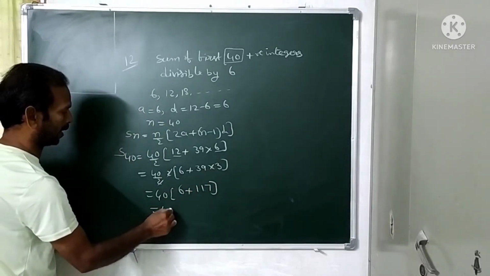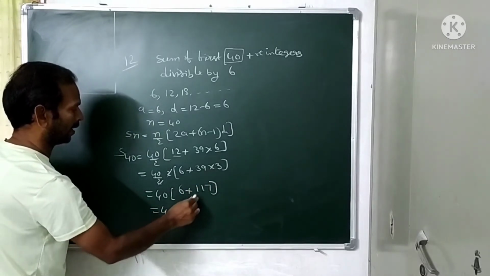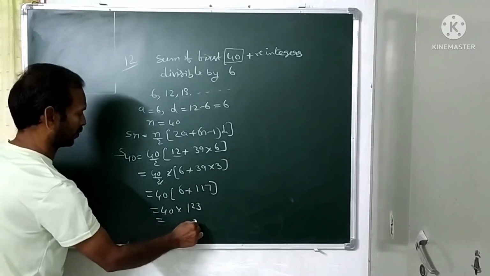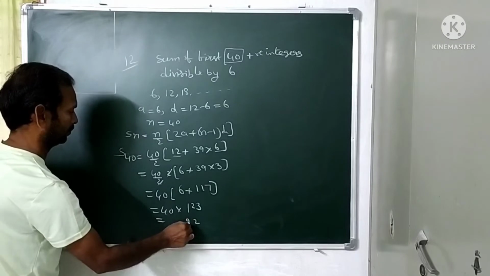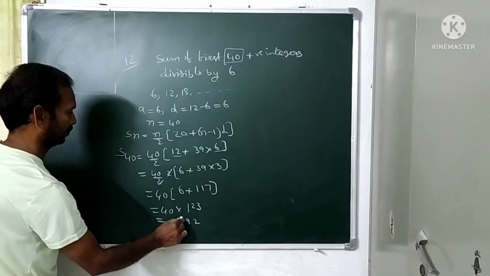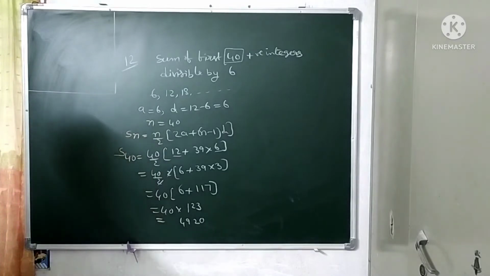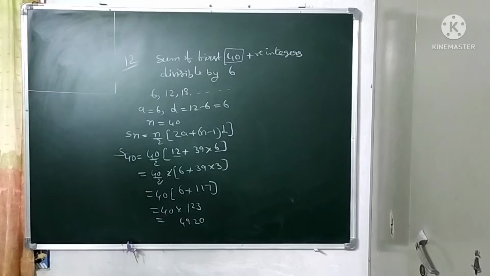So 40 times 123 is 4920. So that is the procedure to calculate the sum of the first 40 numbers which are divisible by 6.